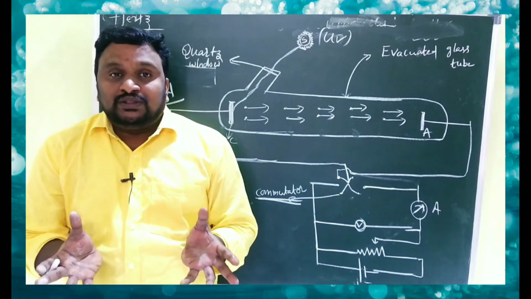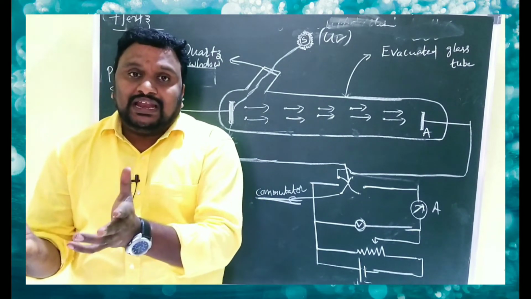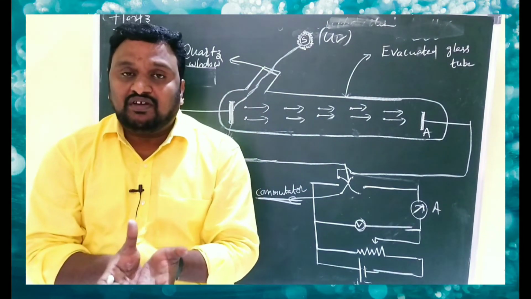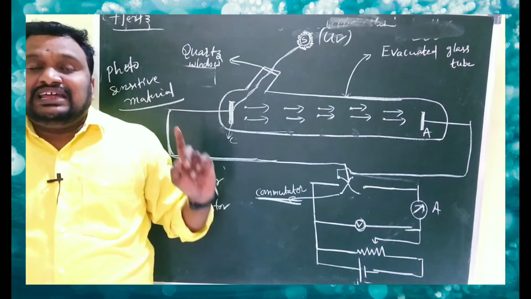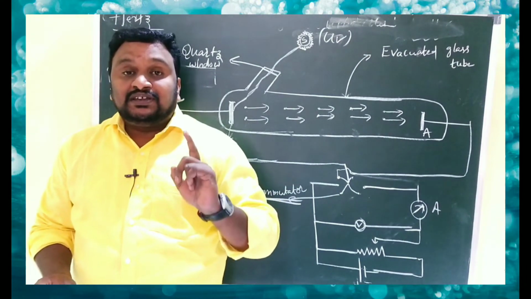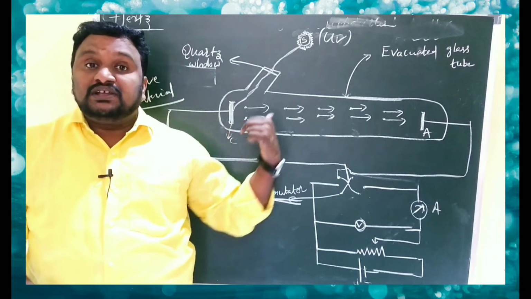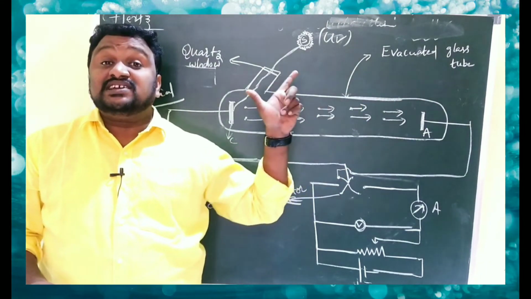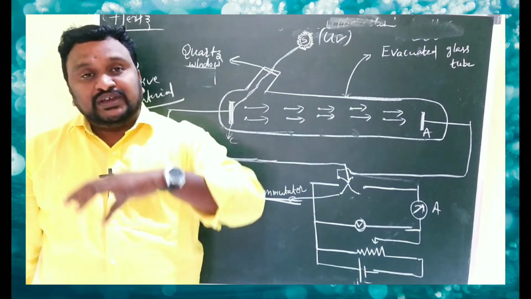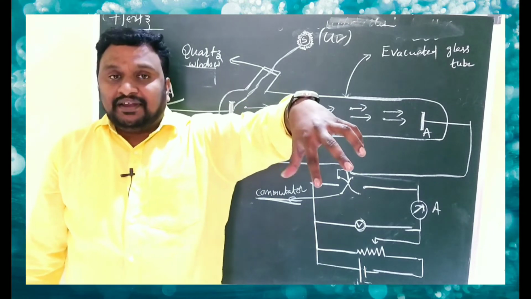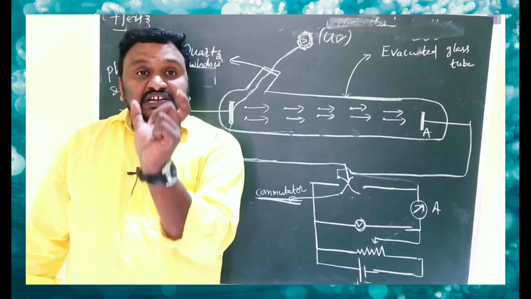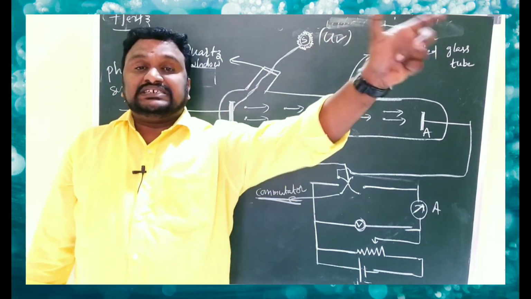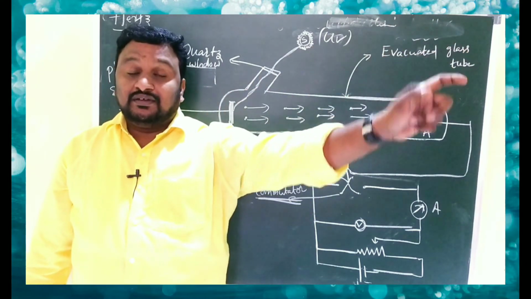So obviously we know that the flow of electrons from one place to another is what we call current. In this case, the electrons emitted from the emitter are also moving from one place to another in the discharge tube. That's why the stream of negatively charged particles is nothing but current. So that's why it is called photoelectric current. Got my point, children?